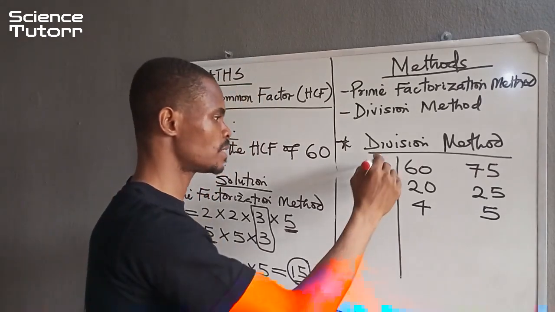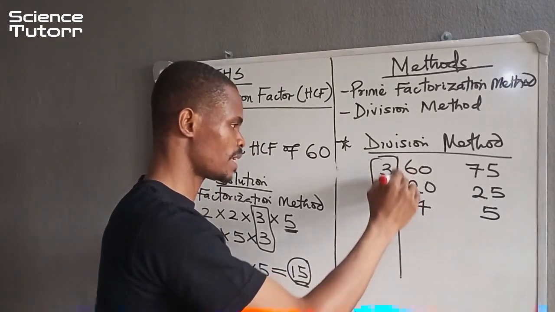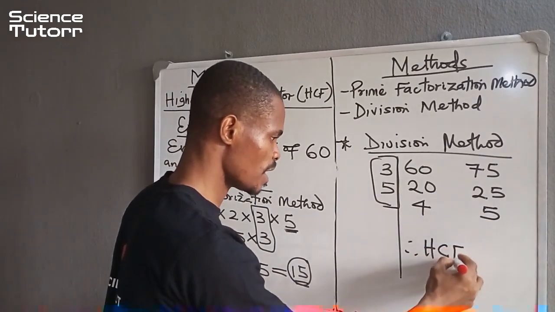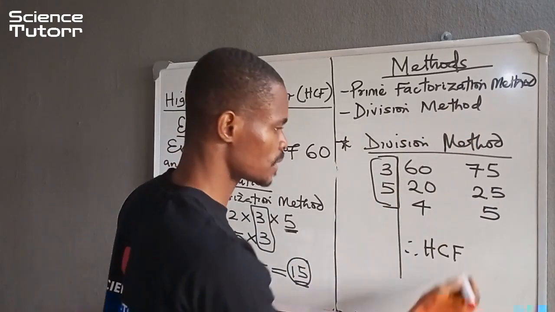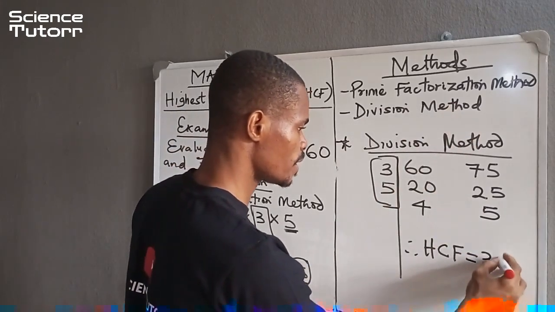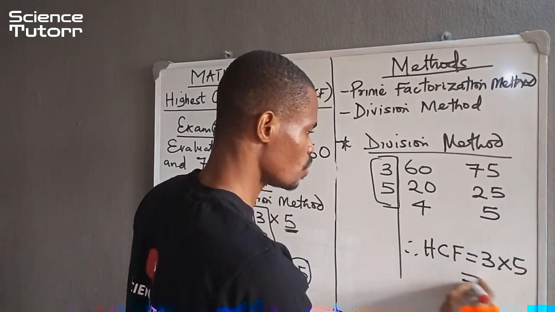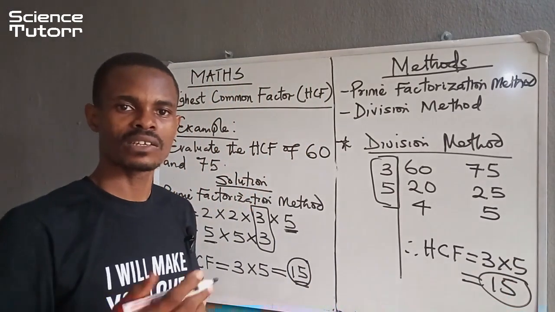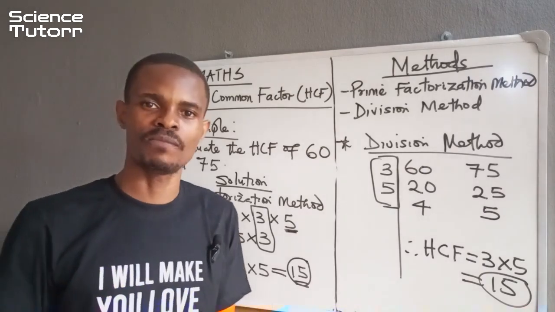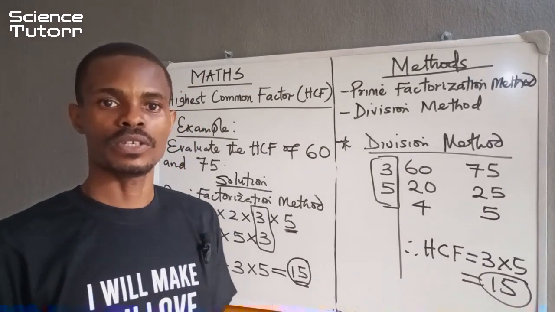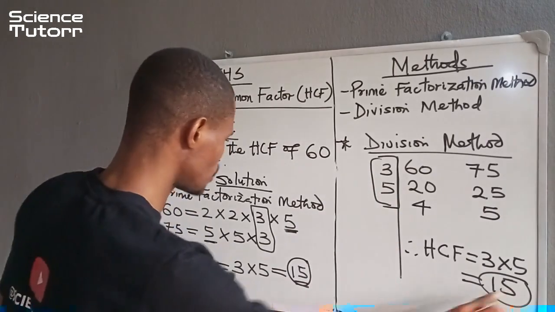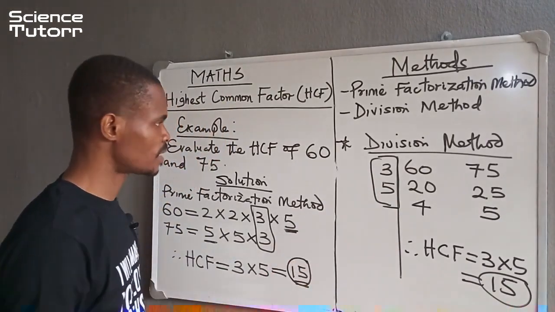So it simply means we have two numbers, 3 and 5. Therefore, our HCF based on the division method will be equal to 3 times 5, which is equal to 15. So 15 is the highest common factor that can divide 60 and 75 at the same time, just as we have in the first case.